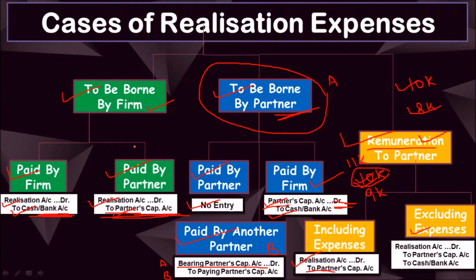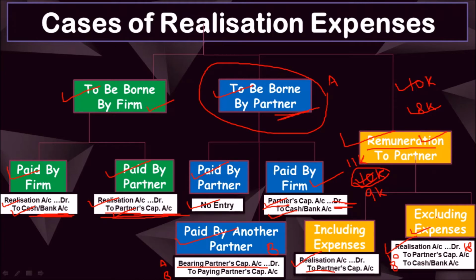After combining these two entries, we get one compound entry, that is realization account debit with 18,000, to partners capital account with 10,000, to cash or bank account with 8,000. Nothing else, we just compounded these two entries.